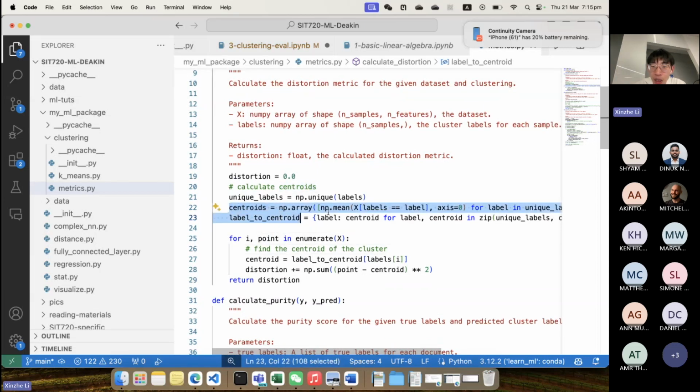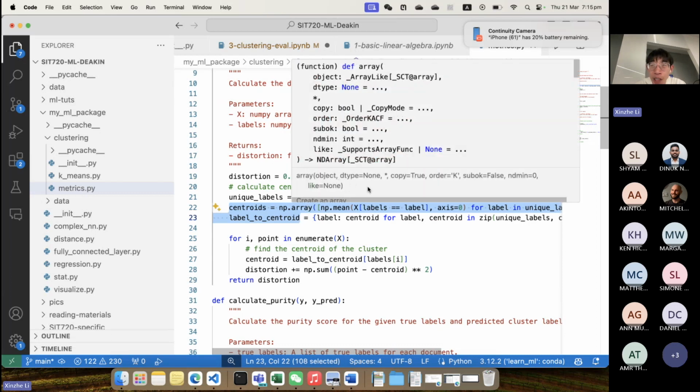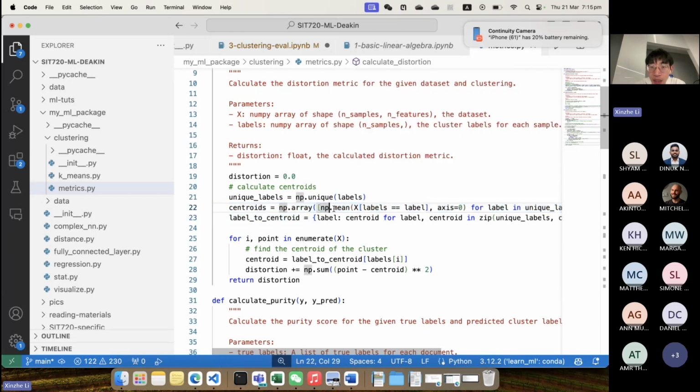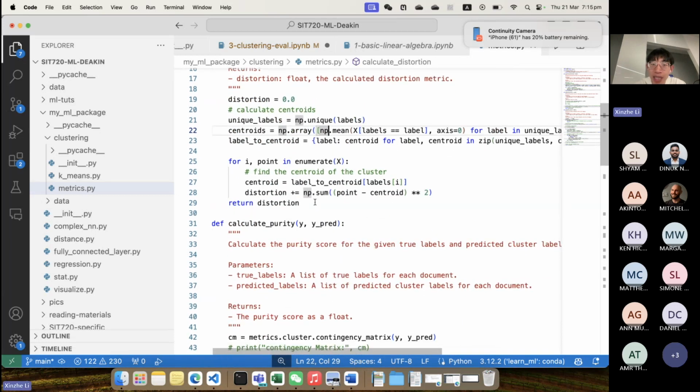I have a cluster of examples, and the centroid is where I average each dimension of these examples. So I find that point. I call it the centroid because I average it. Then I calculate the distance between each data point in this cluster and the centroid. Then I sum them. So then I get the distortion score, right?